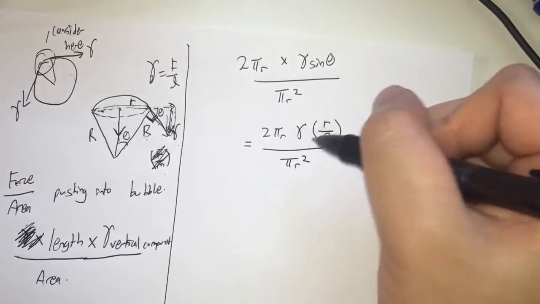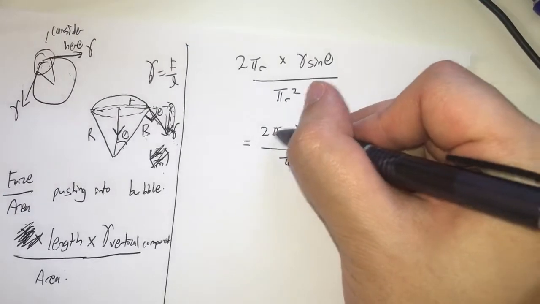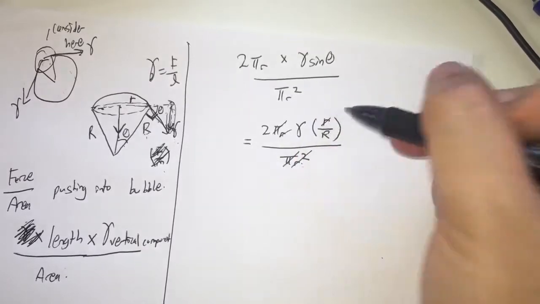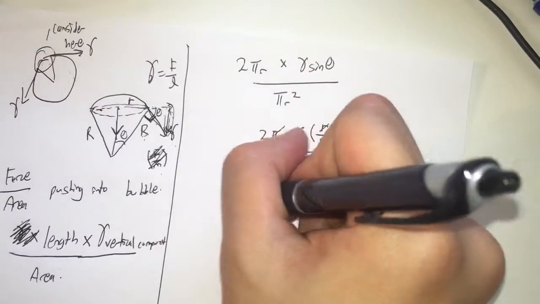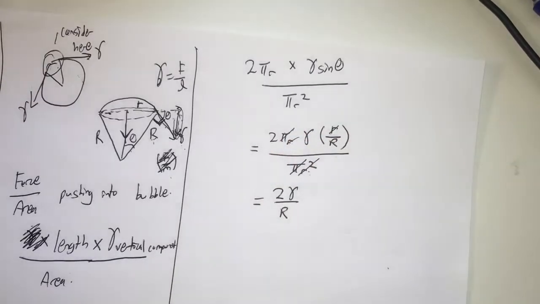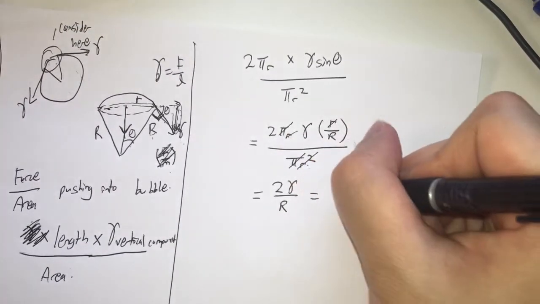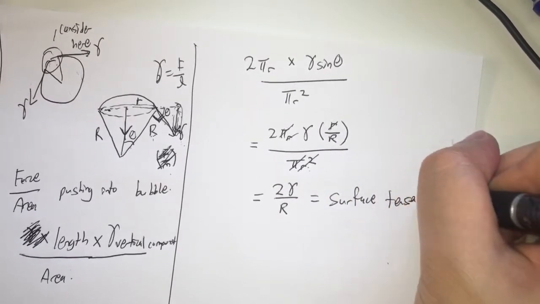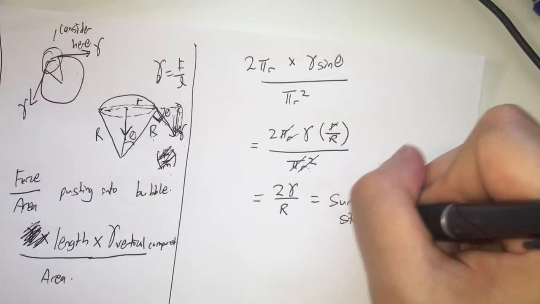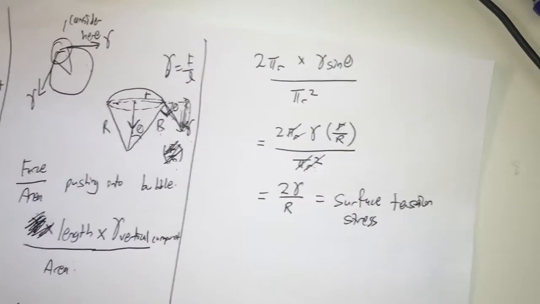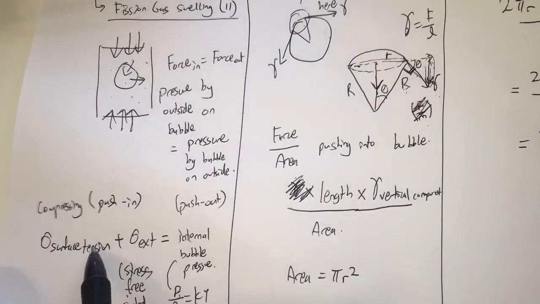You can see immediately that the pi will cancel out and the small r will cancel out. What we are left with is 2 gamma over r. This is the surface tension force, or surface tension stress. So we have found one component already. That is this one.